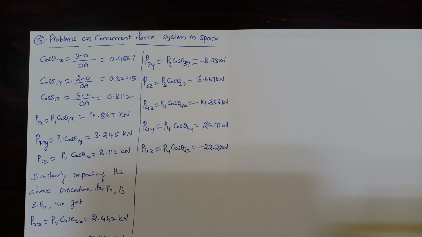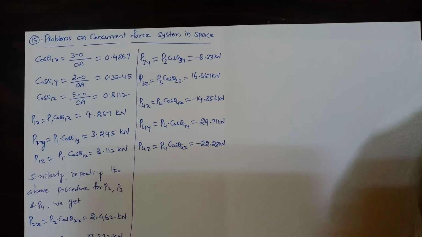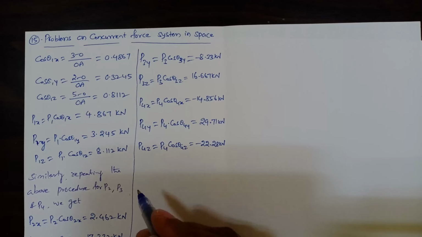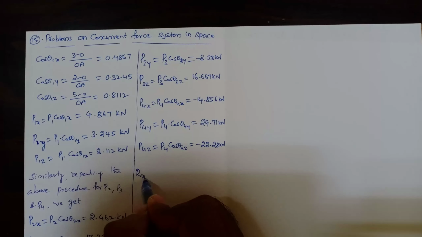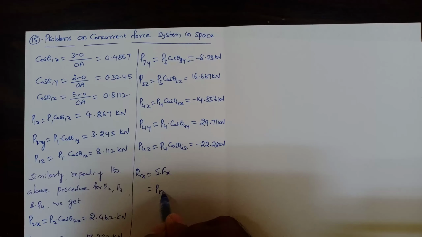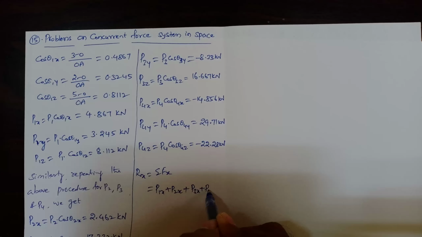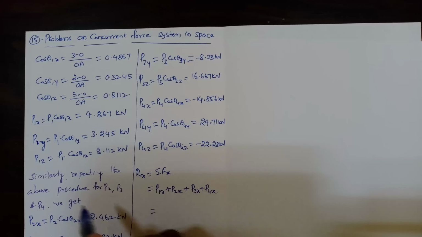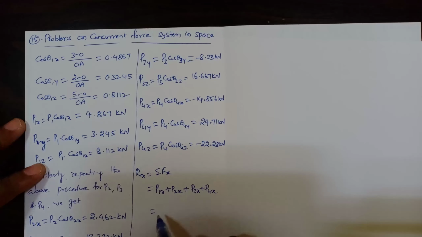Once we know all the components, according to the formula, again go back and see the formula. Rx equal to sigma Fx. So let me write that formula again. Rx equal to sigma Fx, that is equal to P1x plus P2x plus P3x plus P4x. Substituting all these values, we get this value equal to 9.14 kilonewton.